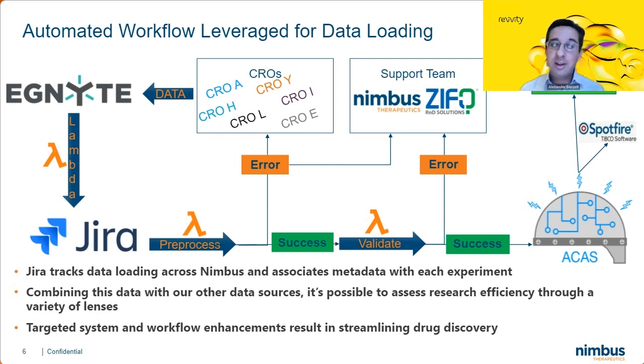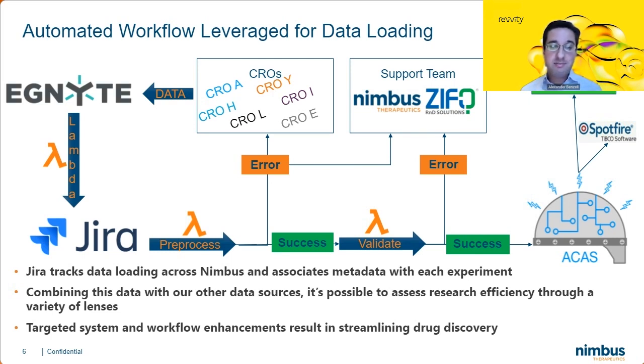And then every 30 minutes, AWS looks for new files, pre-processes them, and puts them into a format that loads into our database, where the data can then be visualized by project teams through a variety of tools. We use something called Jira, which tracks all of this.